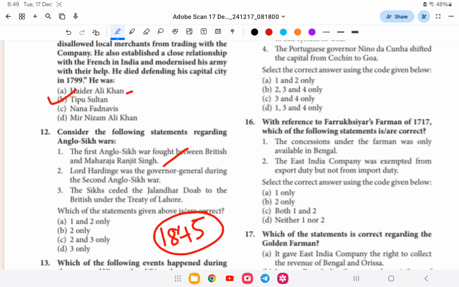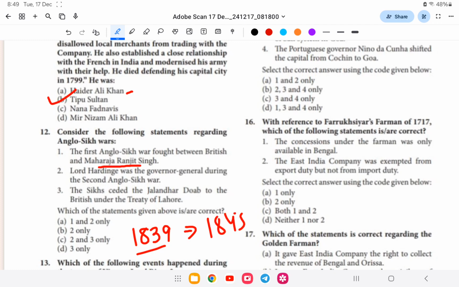Maharaja Ranjit Singh had a close relationship with the British because he did not want to mess with them. But we also know that Maharaja Ranjit Singh died in 1839, and the first Anglo-Sikh War started in 1845. How can he be dead and still participate?